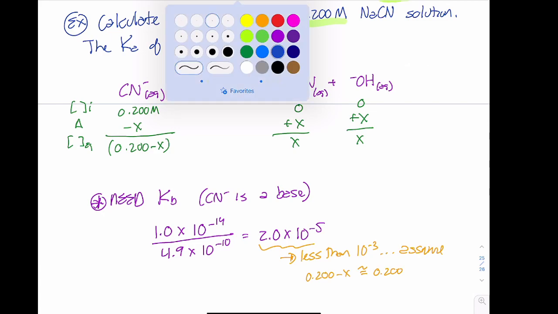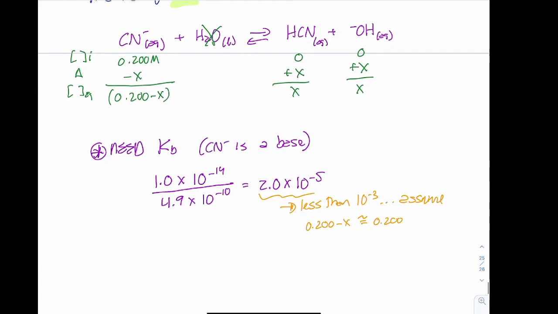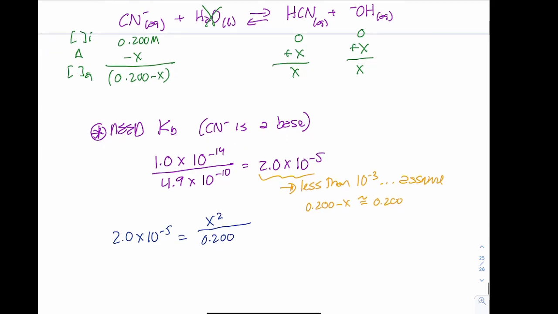Okay, I think we can solve our problem now. So Kb is going to be equal to the concentration of hydrocyanic acid, which is x, multiplied by the concentration of hydroxide ion, which is x, so x squared, over the concentration of cyanide ions. We are using that assumption, so I'm just going to put in 0.200.